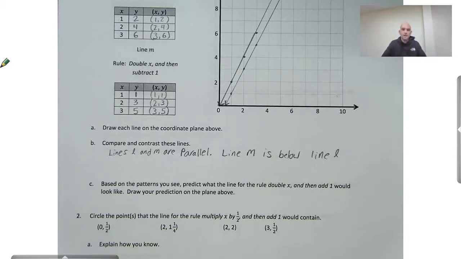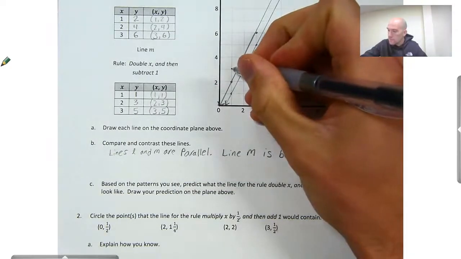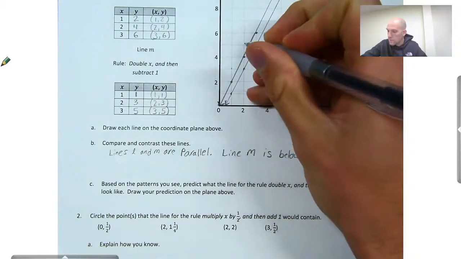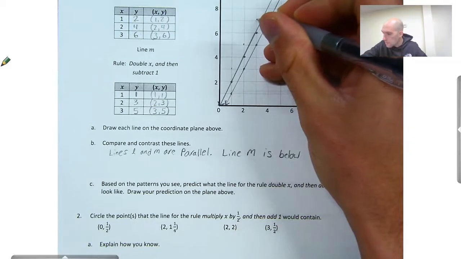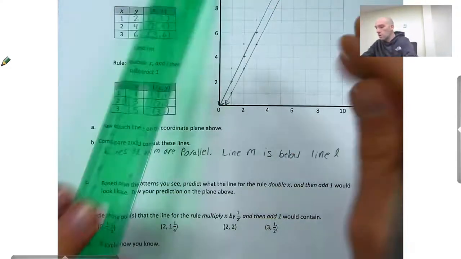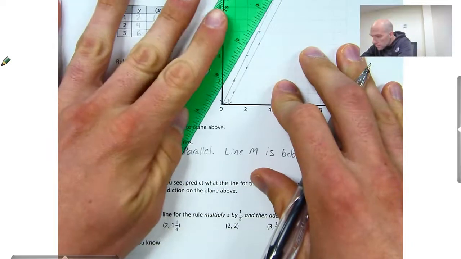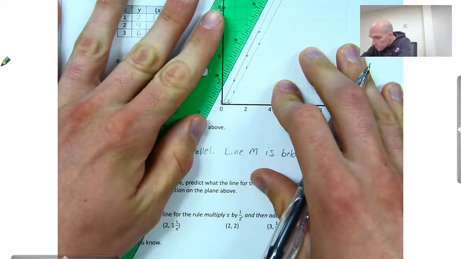C says, based on the pattern you see, predict what a line for the rule double x and then add 1 would look like. Draw your prediction on the line above. Well, if we're just going to add 1, then we're just going to move up the y-axis one little unit for each point here.